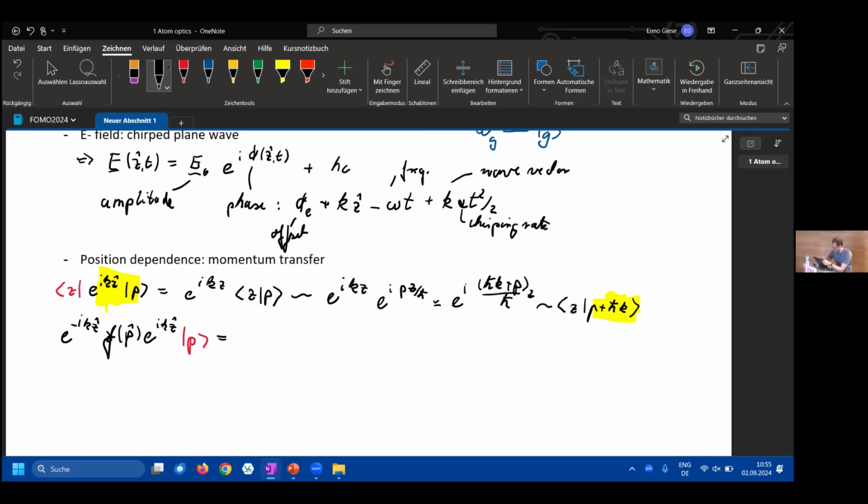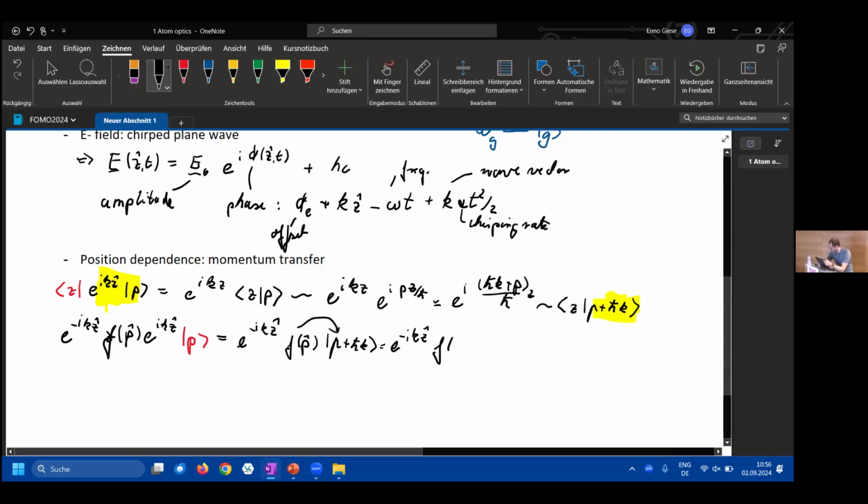We know e to the ikz shifts it, so it's e to the minus ikz and f of p hat, the operator, acting on p plus h bar k. So we just need to evaluate that function at a shifted momentum. We can write this as e to the minus ikz times f of p plus h bar k.